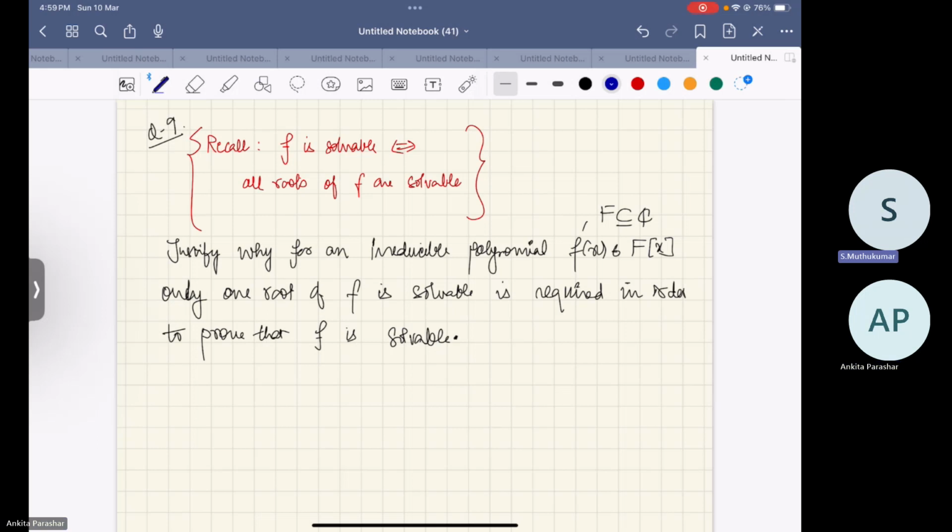So we did not check all roots, just one root? Yeah. For irreducible, it is enough to check a single root. Once you have one root solvable, then you don't need to check the others, provided your polynomial is irreducible.